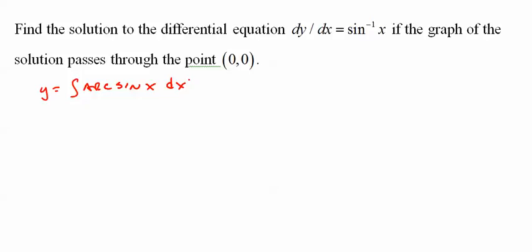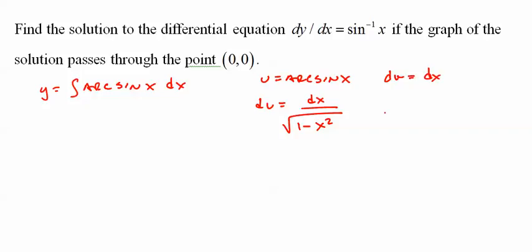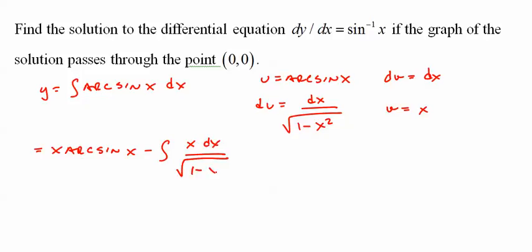And okay, we'll use parts. u equals arcsine x, du equals 1 over the square root of 1 minus x squared, I'll just put the dx on top, and dv equals dx, and again we're bringing in an x, which is good because that'll be the chain rule inside. So we get x arcsine of x minus the integral of x dx over the square root of 1 minus x squared.